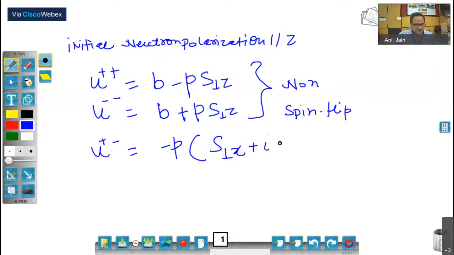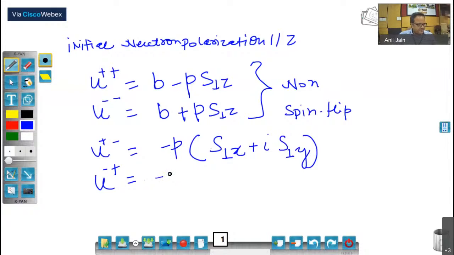The fourth element is where you have spin down, and after scattering it becomes spin up.